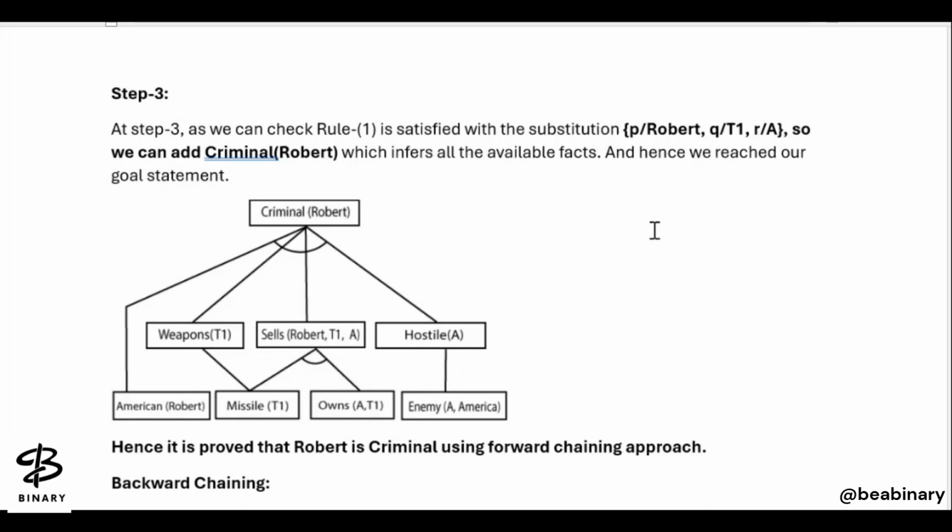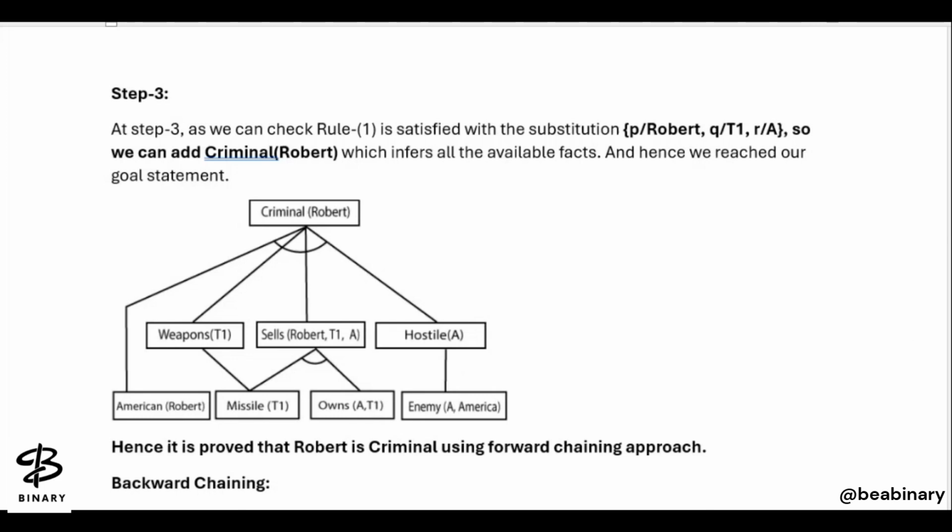Both are uninformed search techniques that we discussed in unit 1, and simply the difference is BFS in forward chaining and DFS in backward chaining.